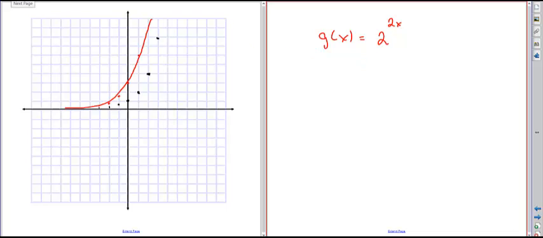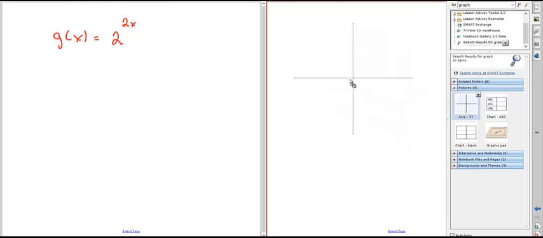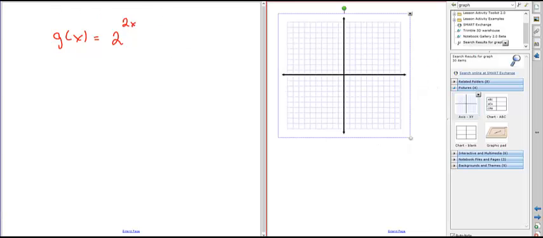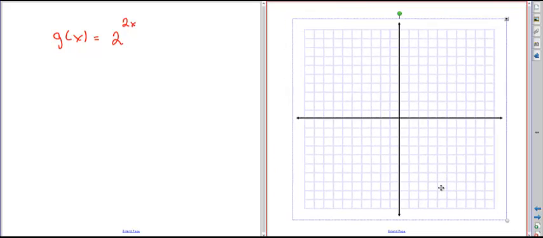Well, it makes things happen twice as quickly, but one thing that doesn't change is this anchor point. I'll explain that in just a second. So let me add a page. A vertical stretch and a horizontal shrink are not exactly the same here.